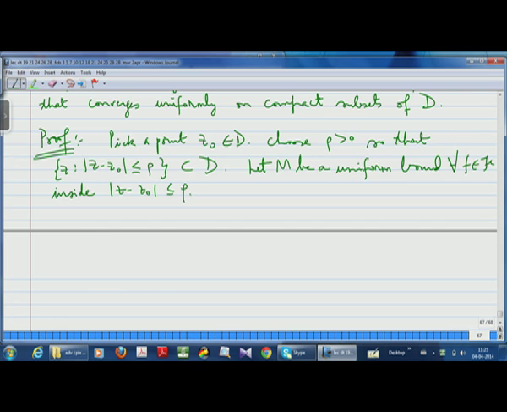So what does this mean? This means that mod f of z is less than or equal to M for all f in script F, and for all z with mod z minus z naught less than or equal to rho.